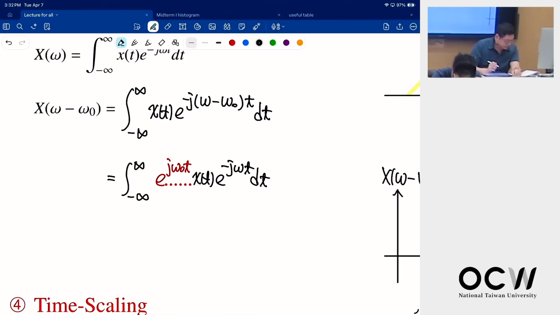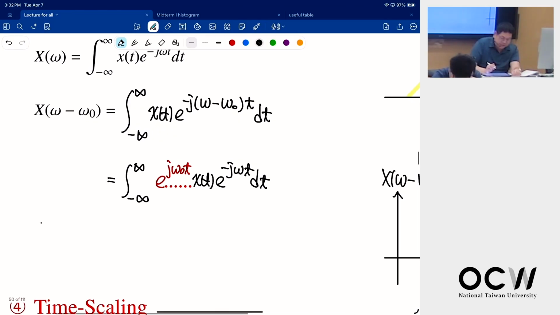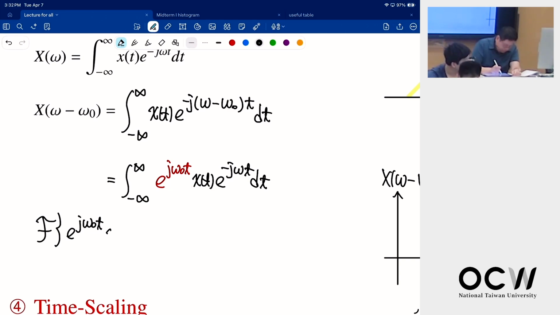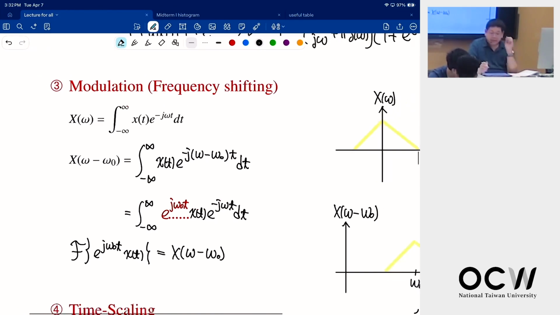So if I shift in frequency domain, that means in time domain, I multiply by the complex exponential. That means I am doing the modulation.